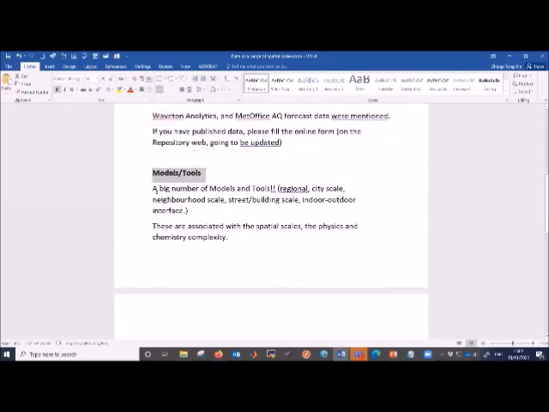There is a big suggestion that we have a big number of tools and models, of course. Of course, it's related to the regional scale, city scale, neighborhood scale, and the street, indoor-outdoor interface. And then also the indoor, right? A small indoor space or classroom or something. I think it will be very interesting to group them into scales. Yeah, it's similar. So I stop here.